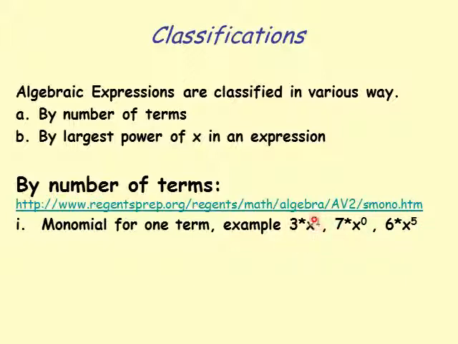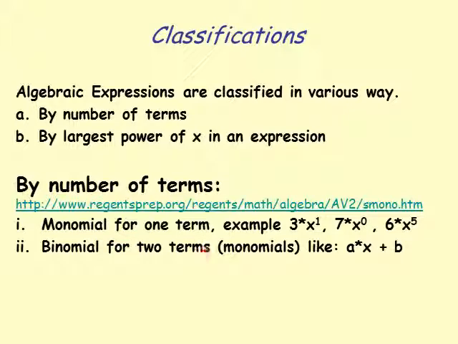These are single terms: a coefficient, which is a number, a variable, and a flag, the power. A number multiplied by a variable and a flag, that is one number, one variable, one flag. That is a monomial. So this 7 here is a number, and 0 is the flag, and x is the variable here. So this is one monomial. This is also a monomial. Let's continue here.